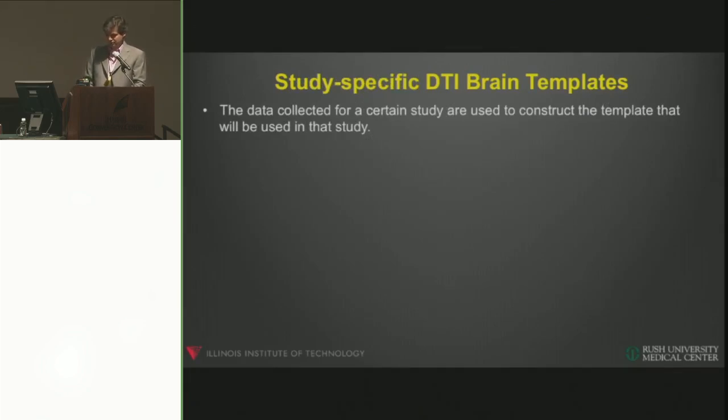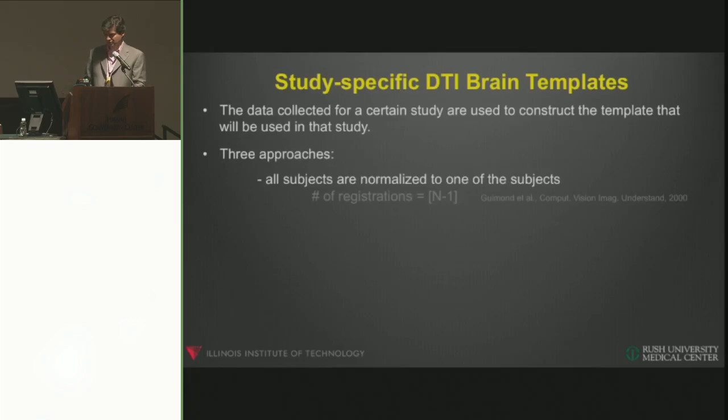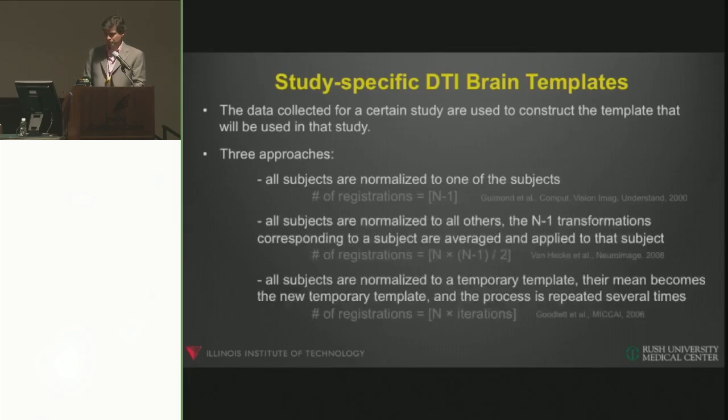In terms of the study-specific templates, the way to construct them is to use the data collected for a certain study, and we're going to use that same data set in order to make the study-specific templates. There are 3 different approaches for making study-specific templates, and we're going to discuss each one of them separately.